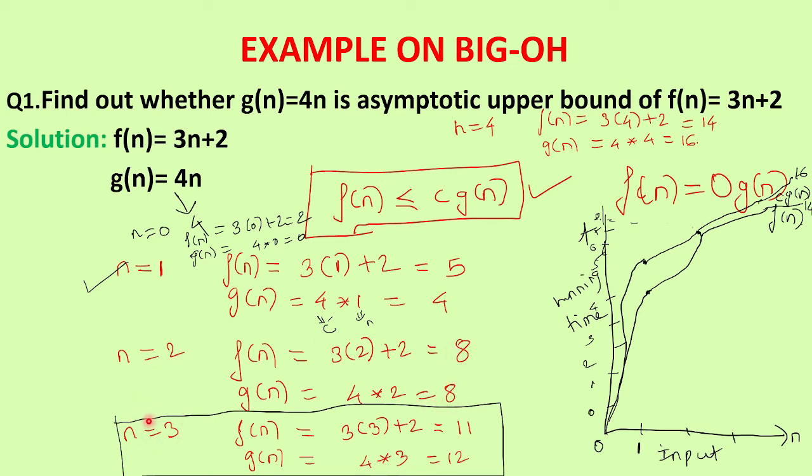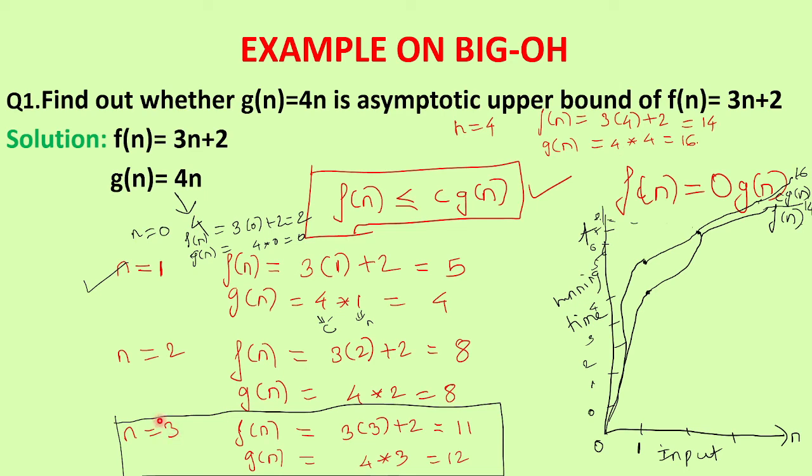But from n equal to 3 onwards, f(n) started becoming less and g(n) more. g(n) is 12, f(n) is 11. At n equal to 4, f(n) is 14, g(n) is 16. From here onwards, g(n) will be higher than f(n) and never come lower. So n equal to 3 is the ultimate point.